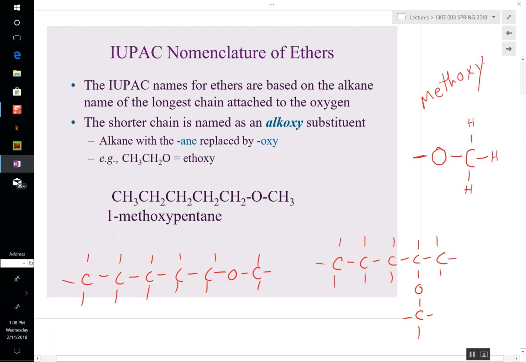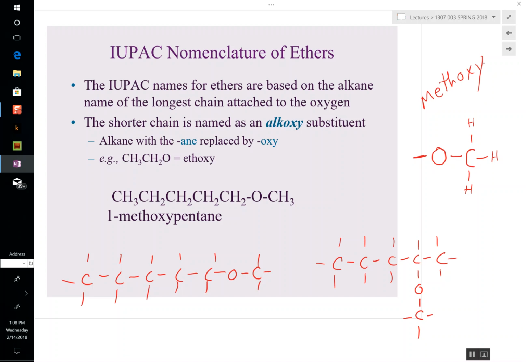It's a methoxy substituent. So add this to your little repertoire of substituents: methyl, ethyl, propyl, isopropyl. Now you got methoxy, phenyl, all of these. That's a methoxy group. And you can see what we're doing right here.